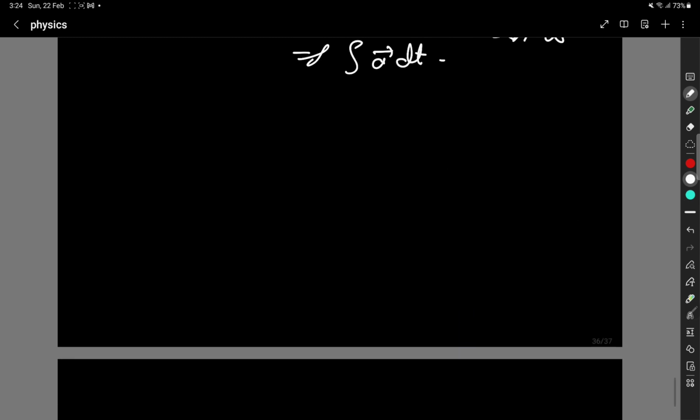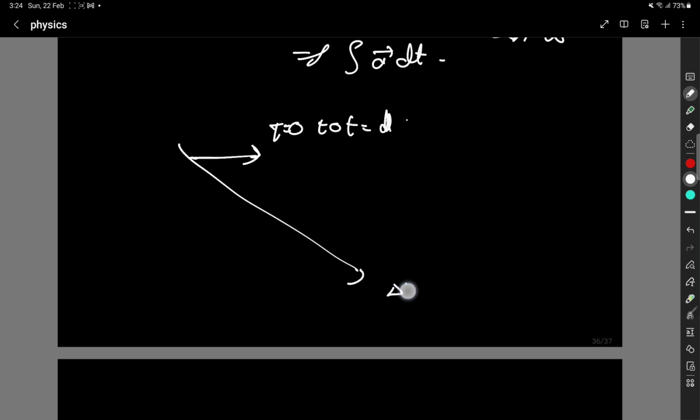So what I'm trying to tell is, let's say it wasn't like this one. First one was in some different direction. This will be t equal to 0. This will be the direction from t equal to 0 to t equal to dt. This is delta v's direction. So what has happened here?